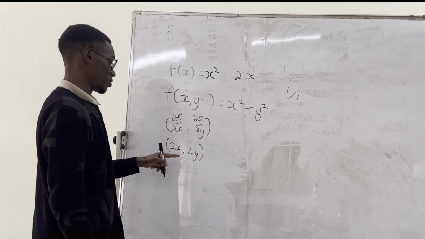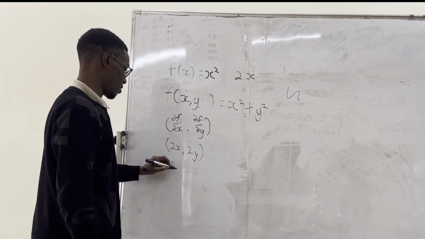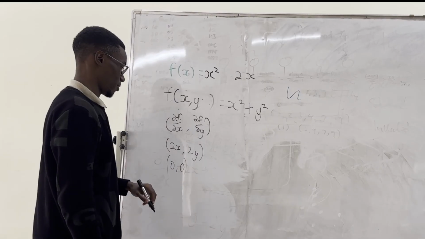So when you substitute 0 in both variables, the gradient is equal to 0.